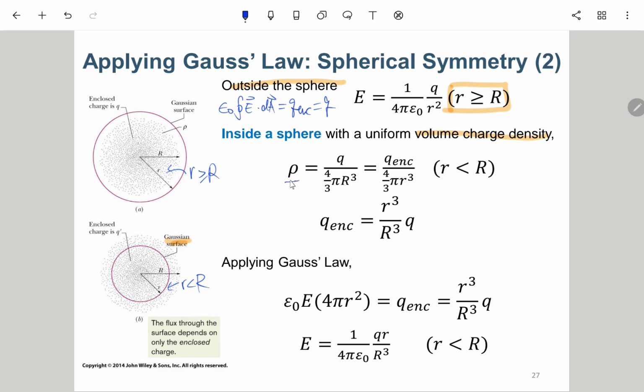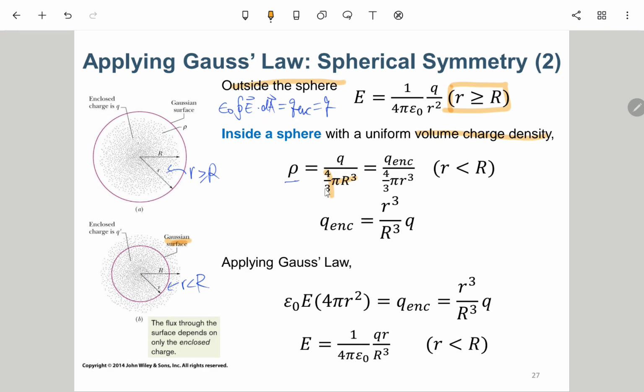For the whole ball, Q divided by the whole volume of the ball, which is 4/3 pi R cubed. I think you should have learned it in high school geometry.